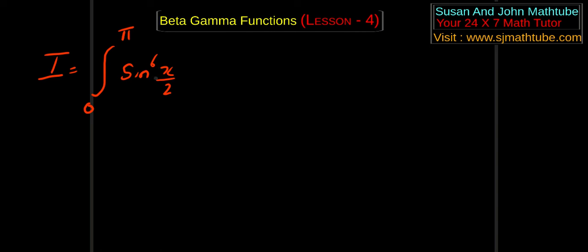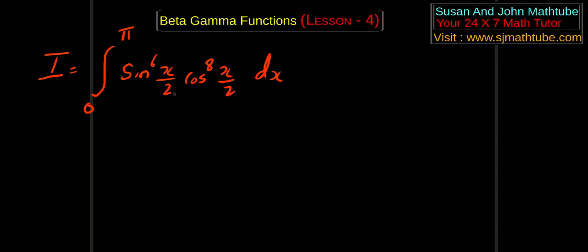Okay, we have some good news, because I can see that if I put t equal to x by 2, I will get pi by 2 and cos to the power x by 2 dx. I think now we got the pattern. So it is not from 0 to pi by 2, so we think we will not be able to apply the beta gamma trick.